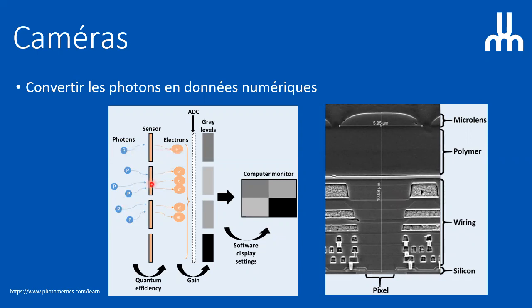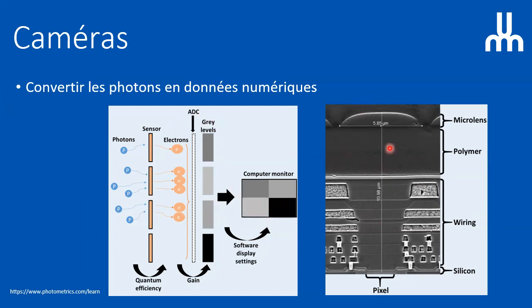The best cameras have a 95% quantum efficiency. So if you have 100 photons hitting the sensor, you have 95 electrons, which is pretty good. But older cameras have like a 30% efficiency. Then these electrons sometimes get amplified by a gain, and get digitized by an analog-to-digital converter, and then you have your gray levels in the computer.